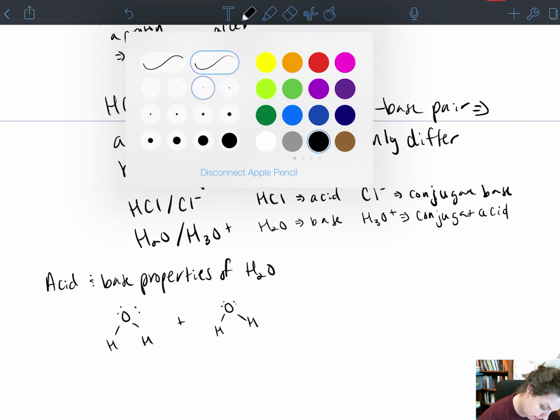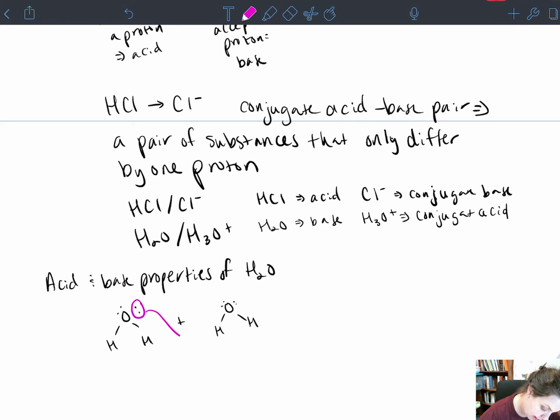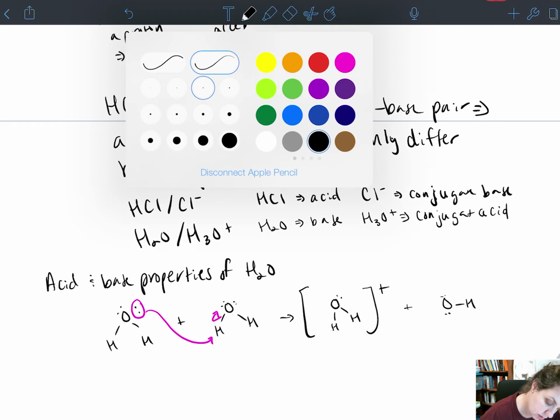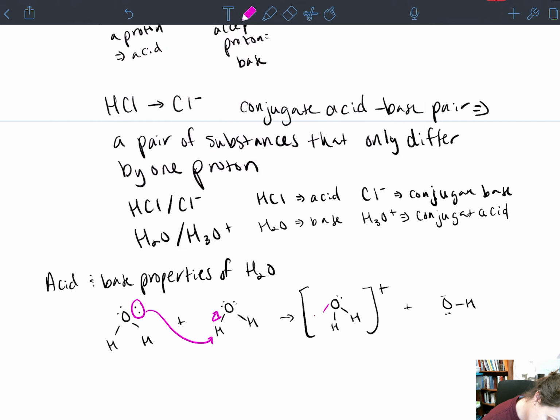This pair of electrons right here will come in and form a bond with this hydrogen, and then we'll break that bond between that oxygen on the right and hydrogen. And what we produce is hydronium and hydroxide. Like so.